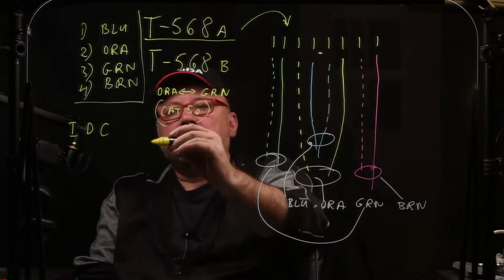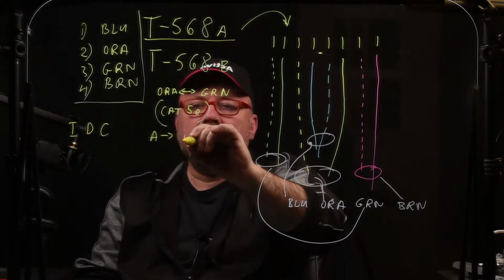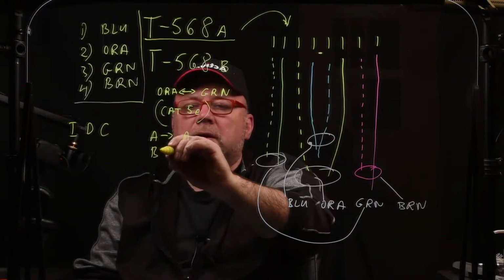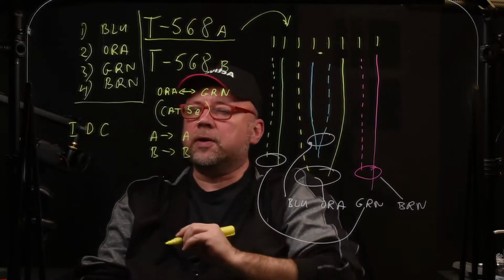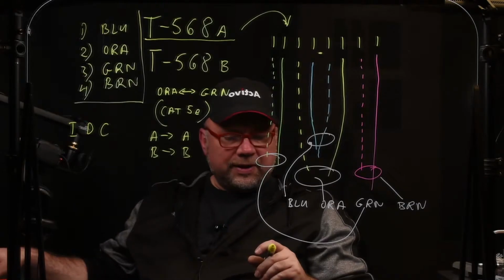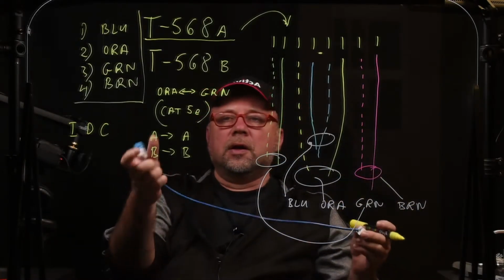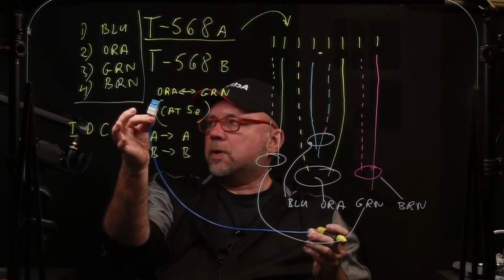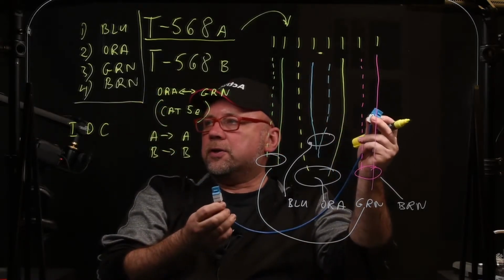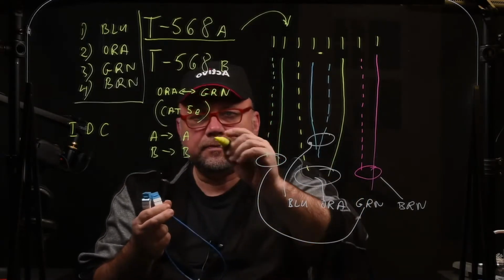So if you have A to A or B to B configuration, by that I mean if you have the A configuration on one side and A configuration on the other side, you have a straight link.